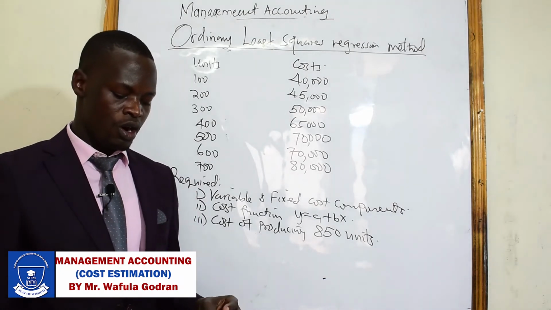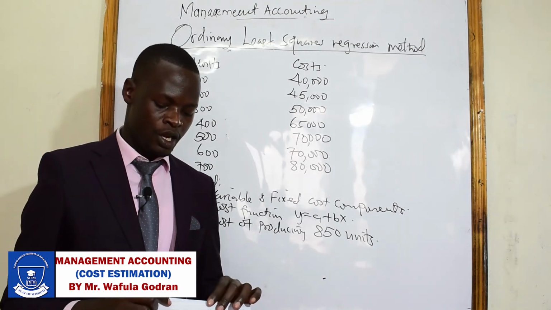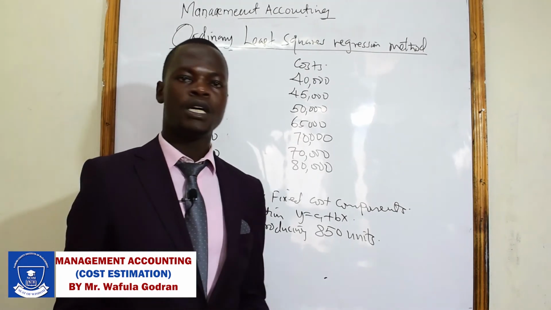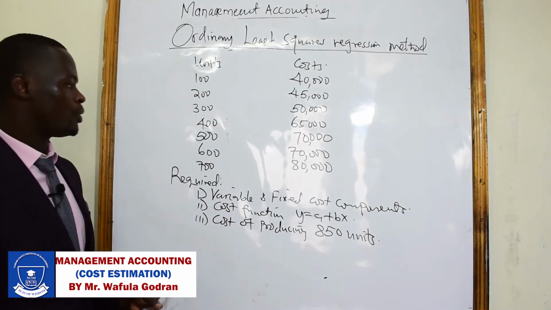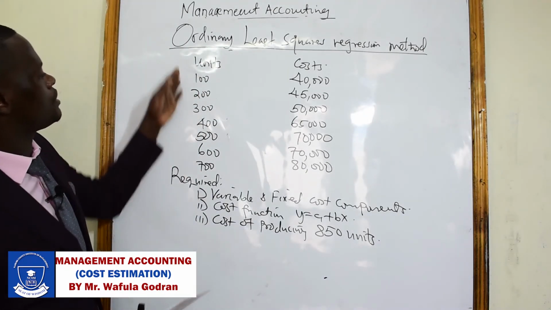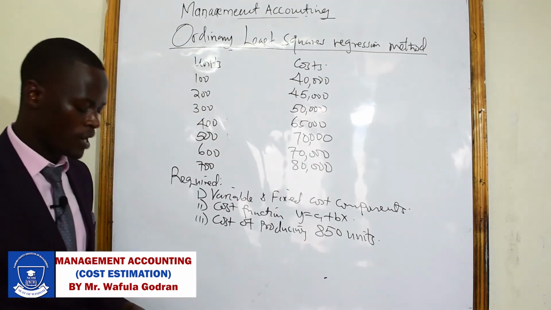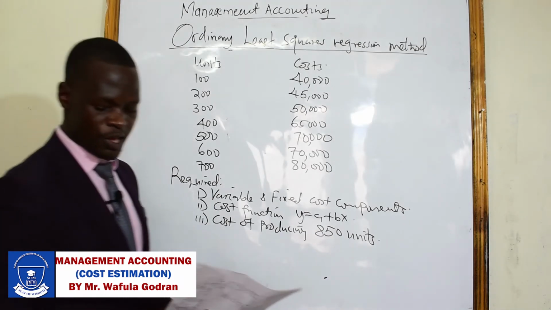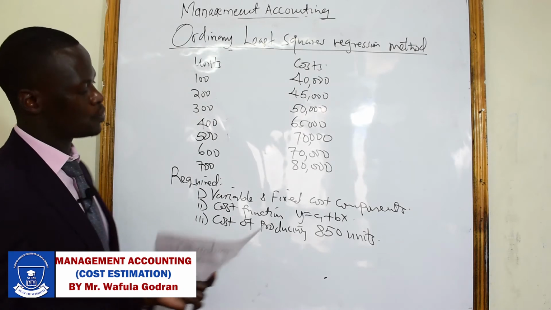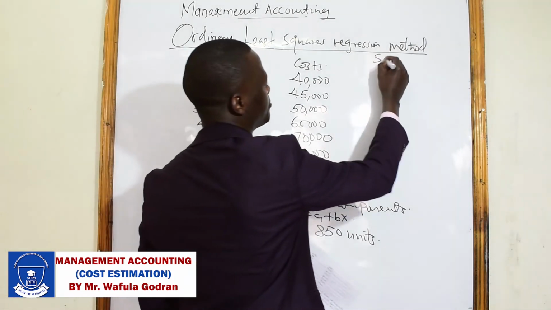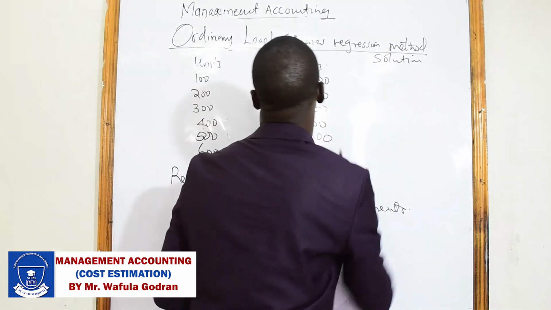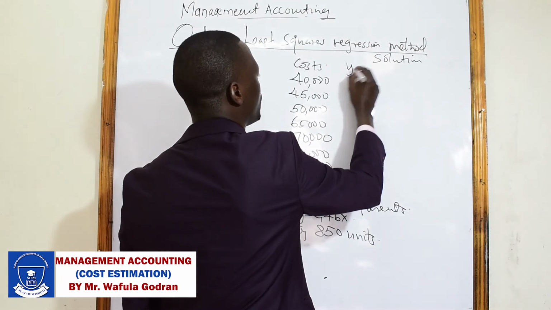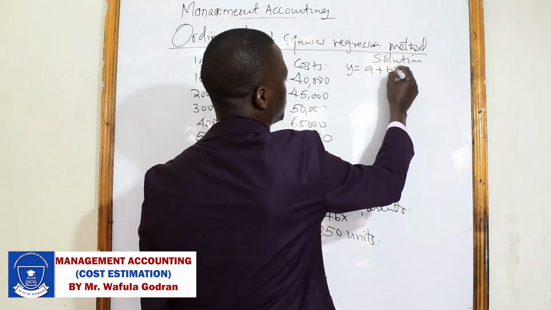So I think we can look at it and see what we get. We've been given the units and the cost on one side, and the questions are as we can see. This is how we are going to solve this question. Solution. First of all we establish that y is equals to a plus bx.